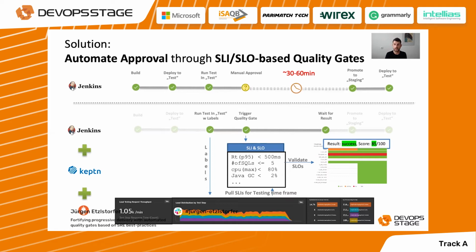If it's not successful, if the score is like 50%, we can roll it back, hold it back, inform our developers, open a Slack channel, open up a ticket, whatever. But we have an automated mechanism to evaluate this. And with this automated mechanism, we can really reduce the time significantly.